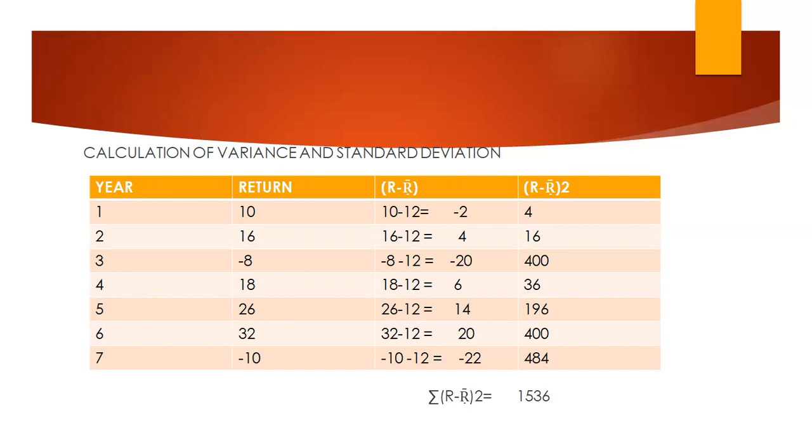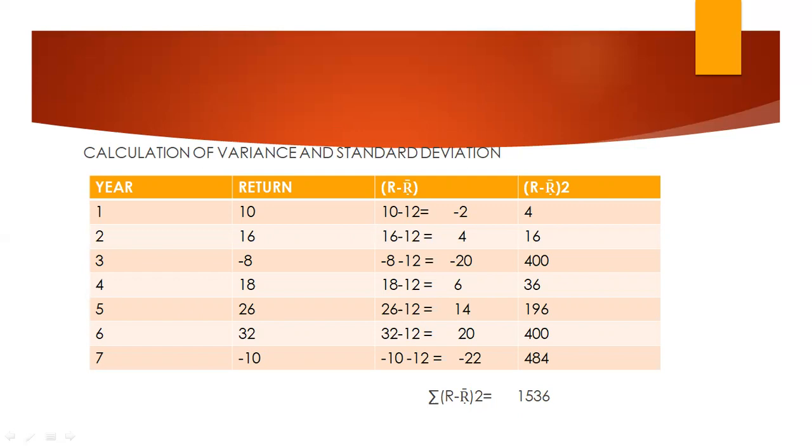For the third year, minus 8 minus 12, equals minus 20. For the fourth year, 18 minus 12, equals 6. For the fifth year, 26 minus 12, equals 14. For the sixth year, 20. For the last year, minus 10 is the return, so minus 22.